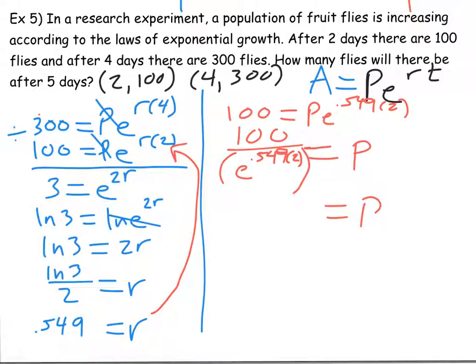In fact, if I had stayed with the exact value for r, you would see what we just divided by is actually exactly 3. Now ours isn't going to be exactly that because I have some rounding error. You're going to see if you put e to the 0.549 times 2 power, you'll get like 2.99, right?